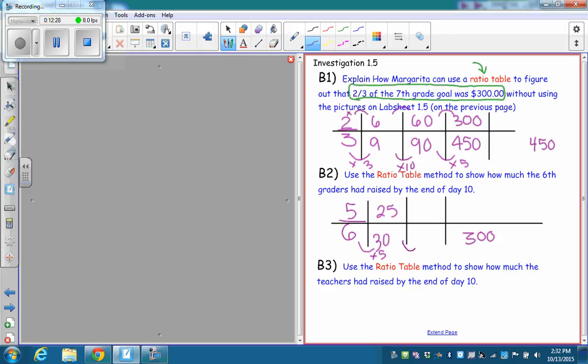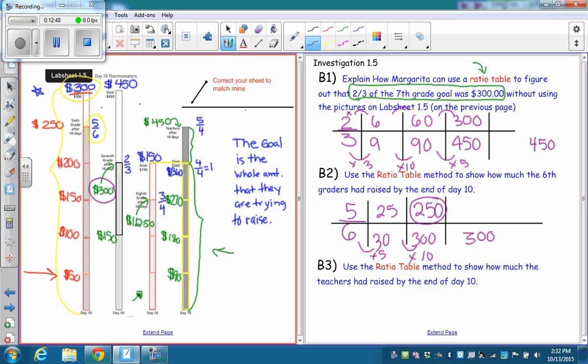And then times 30 by what to get to 300? 10. Okay, so if I have 300 on the bottom, what do I have on the top? 250. So it looks to me like the 6th graders must have raised $250. Did that work out? I guess so.